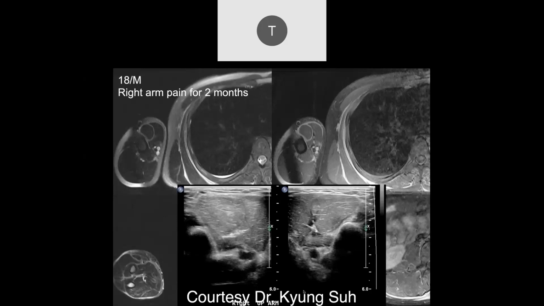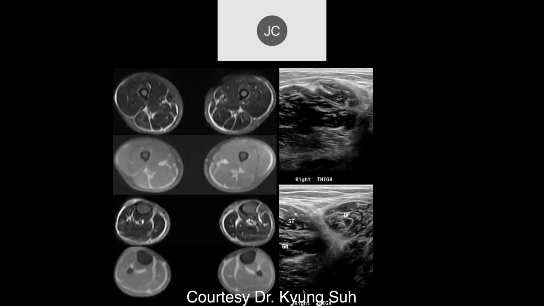Okay. Then here we can see other images. Again, it doesn't look like a discrete fluid collection, but there's fluid tracking along all these fascial planes. So it really looks like edema within the fascia.